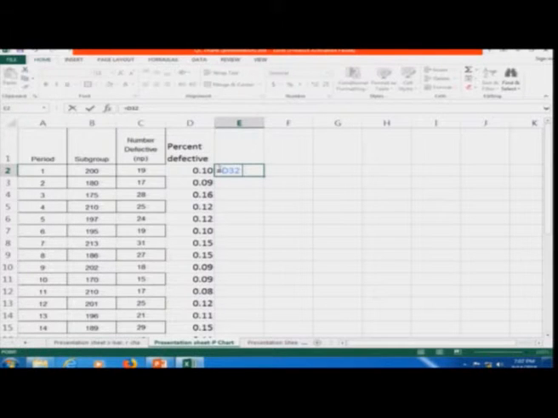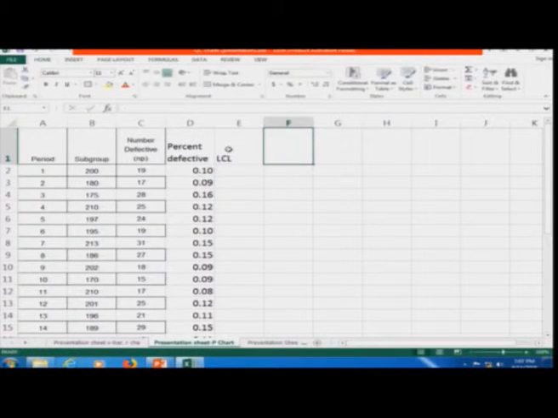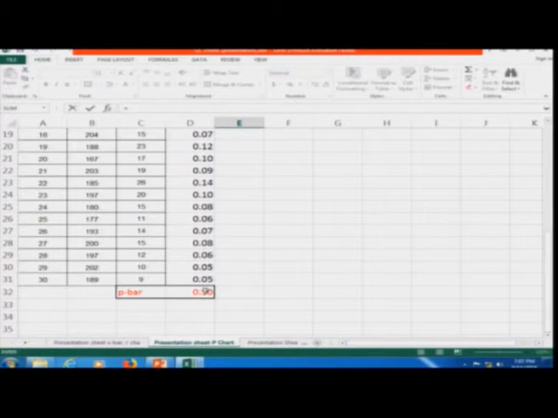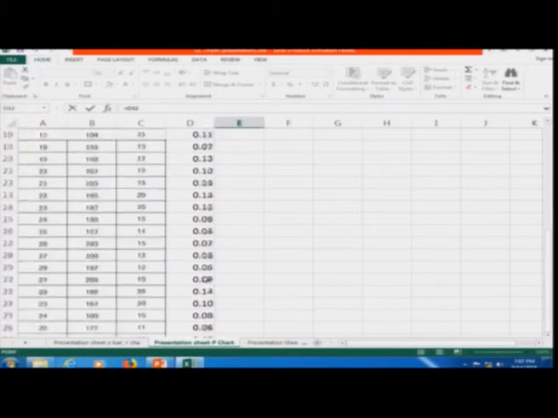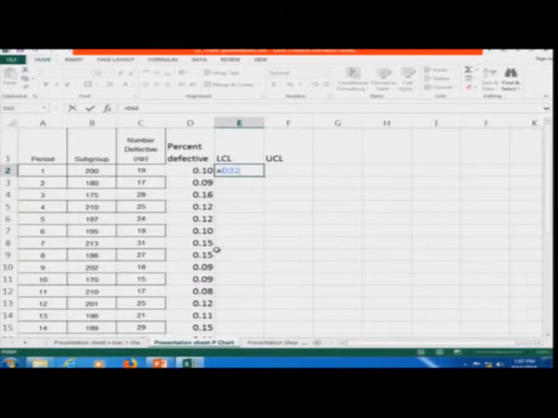Then I am trying to put my lower control limit here first, then I will put my upper control limit. Lower control limit is equal to P bar minus the value of z, which is kept 3, into the square root of P bar into 1 minus P bar, divided by n.